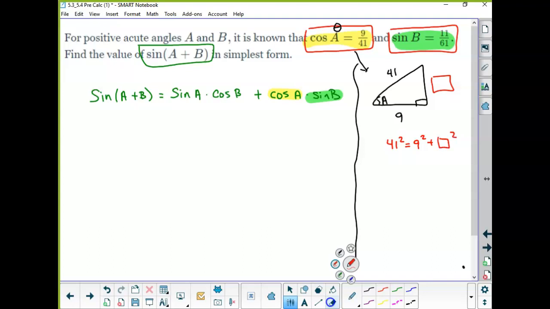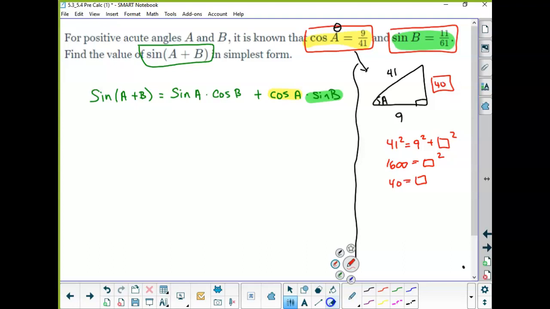And sometimes it's a friendly triple that if you remember it, you can just write down the answer. But in this case, it's not super friendly. Actually, it is kind of friendly. I end up with skipping some steps. If I take the square root of, I believe that's 1600, we get the missing side length is 40.